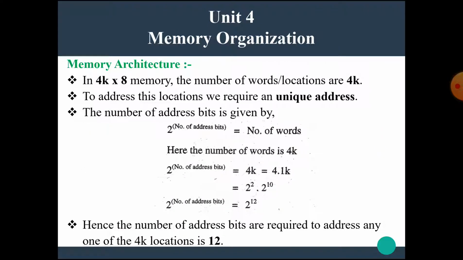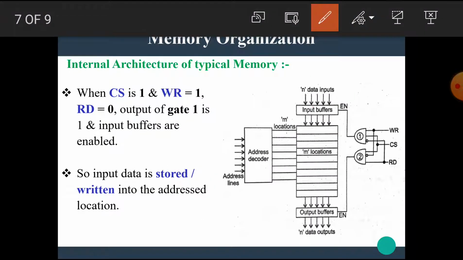Okay. Now let's see the internal architecture of the typical memory. This is the internal architecture of the typical memory, in which we can see that this is the memory having M locations. There are the address lines and the address decoder, N data input lines and input buffers.